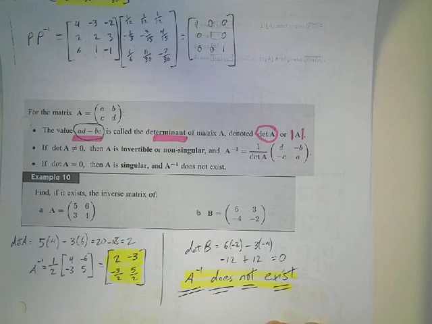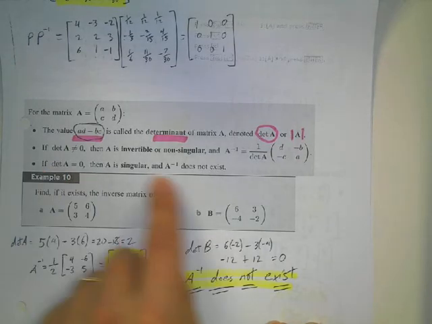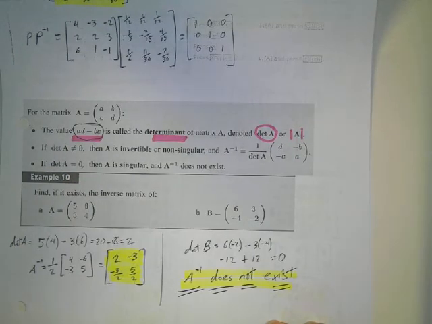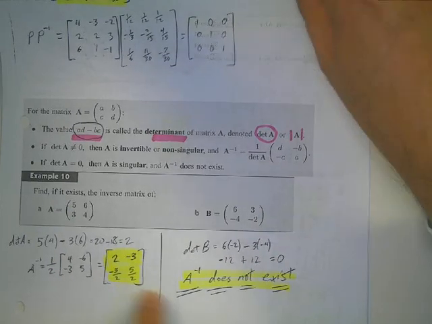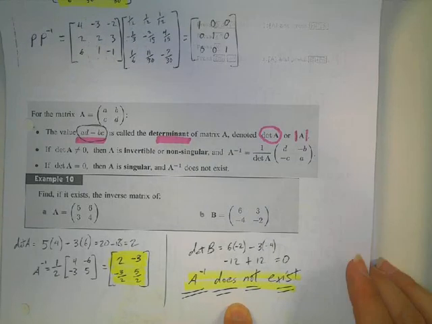But if the determinant is equal to 0, then the inverse does not exist. Here I've shown the calculation for finding the determinant, and I found my inverse matrix. Here the determinant is 0, so there is no inverse matrix.